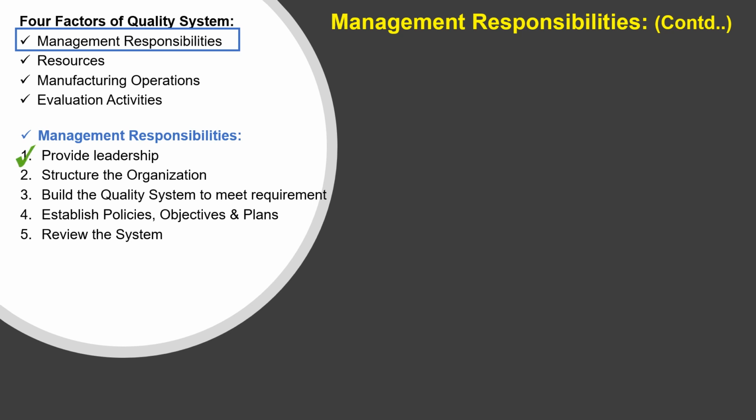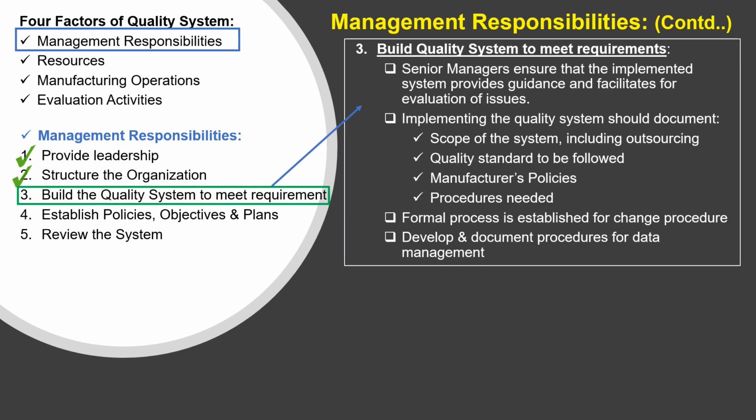In the previous slide, we have seen in the management responsibilities about providing leadership and structuring the organization. Now, let us see about building the quality system to meet the requirements. The senior managers should ensure that the implemented system provides guidance and facilities for evaluation of the quality issues.